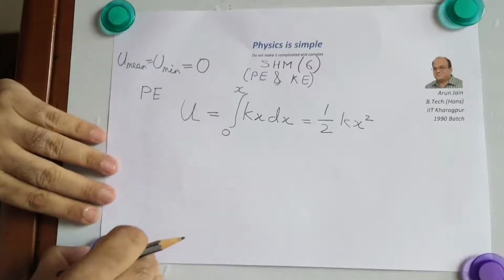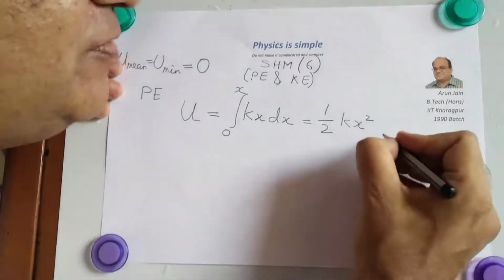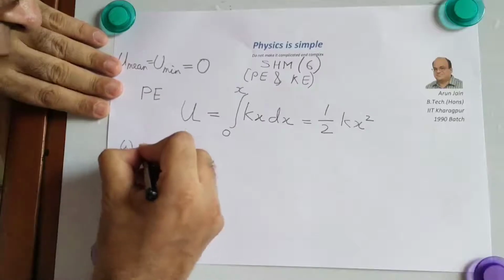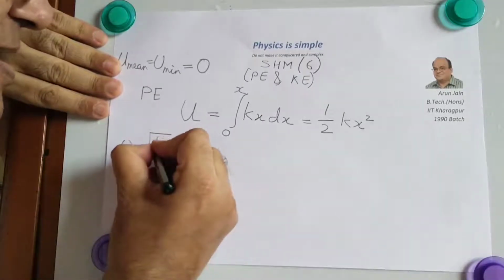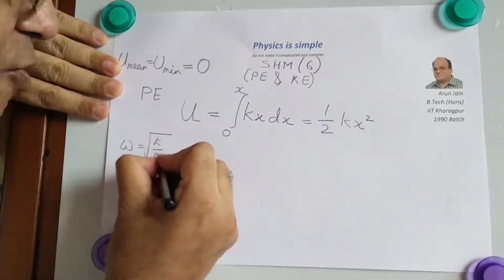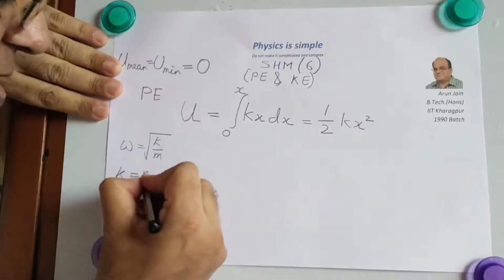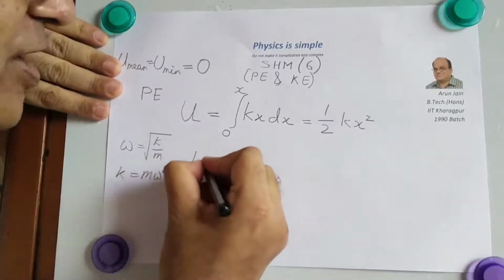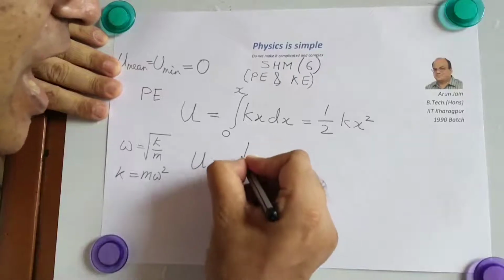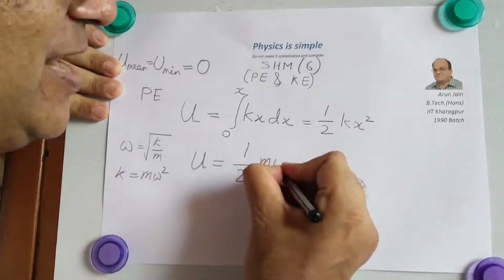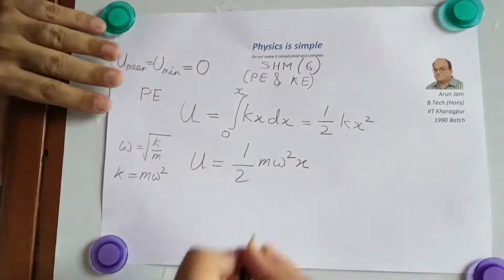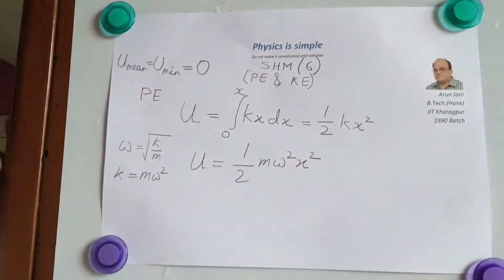Now, we know that omega is root over k by m. So therefore, k is m omega square. So this equation for potential energy becomes half m omega square x square. Now x we know is a cos(omega t plus phi naught), that's what we have taken.